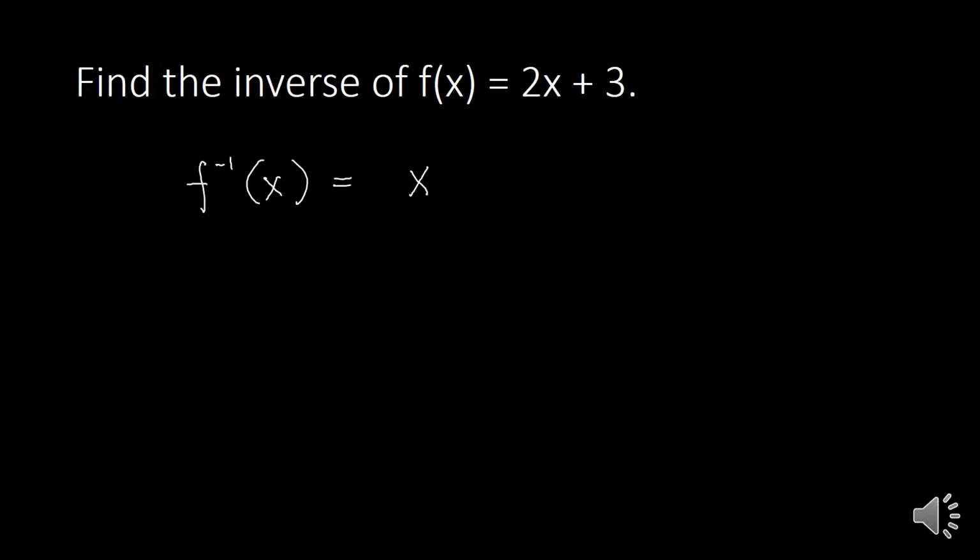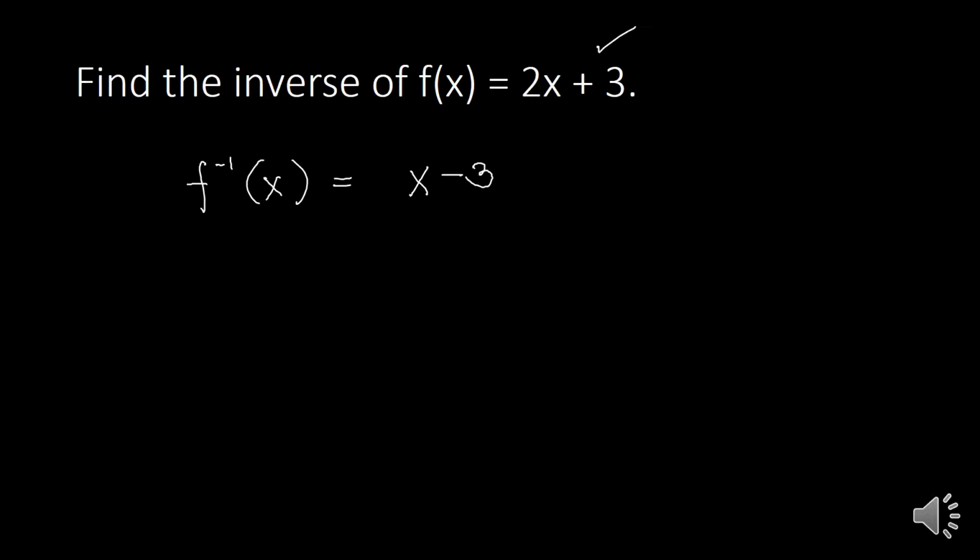And then we do PEMDAS, but in reverse mode, meaning we'll start off with addition or subtraction, then move up to multiplication, division, and then exponent and then the grouping. So here we have plus 3. The inverse of that is minus 3. So we have x minus 3. And then we're done with this.